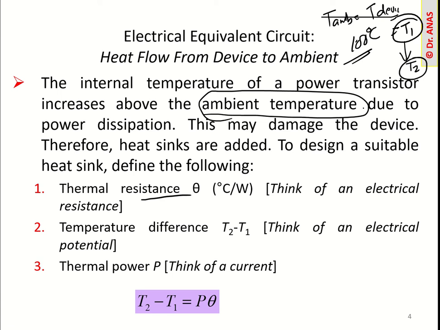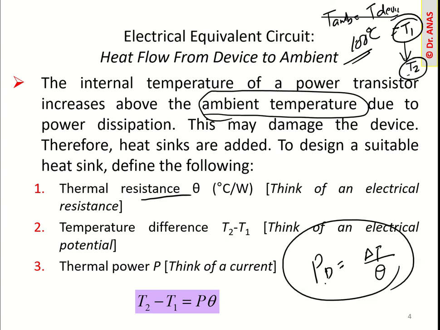So the dissipated power by the device basically depends on the difference of temperature divided by the thermal resistance. That is basically the dissipated power by a particular device. Okay, temperature difference divided by the thermal resistance of the device.